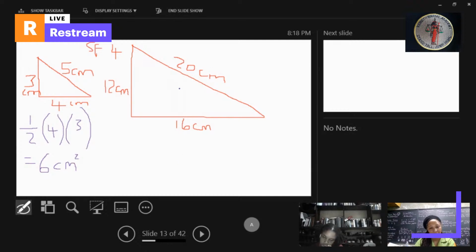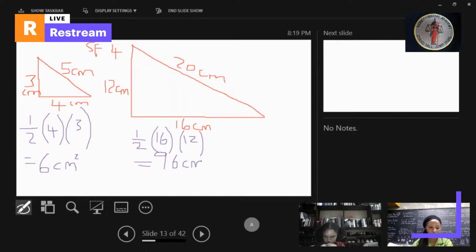All right, and the area of the big triangle? Half of 16 times 12. So that would be 8 times 12, which is 96 centimeters squared.